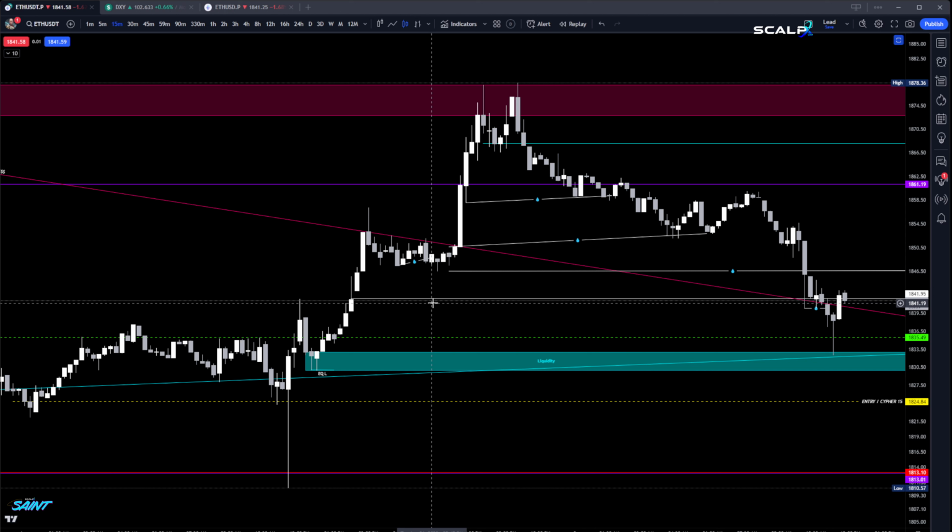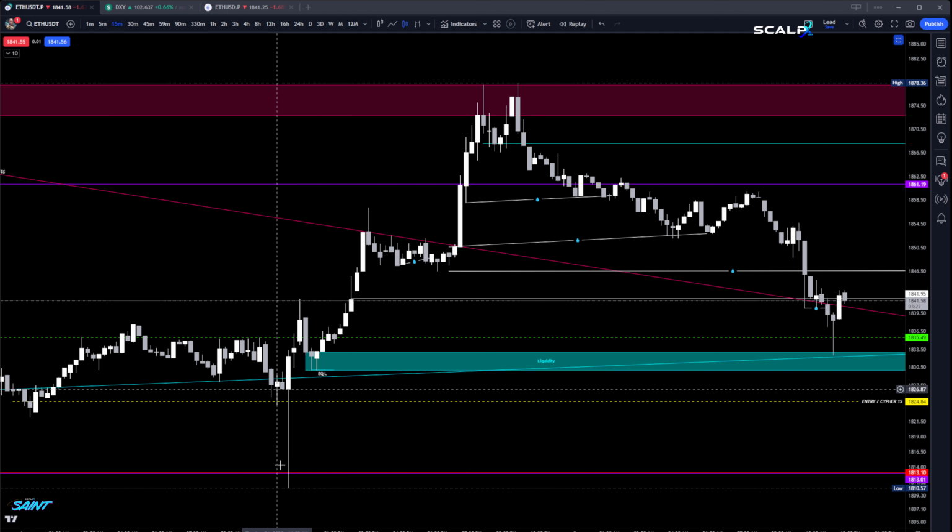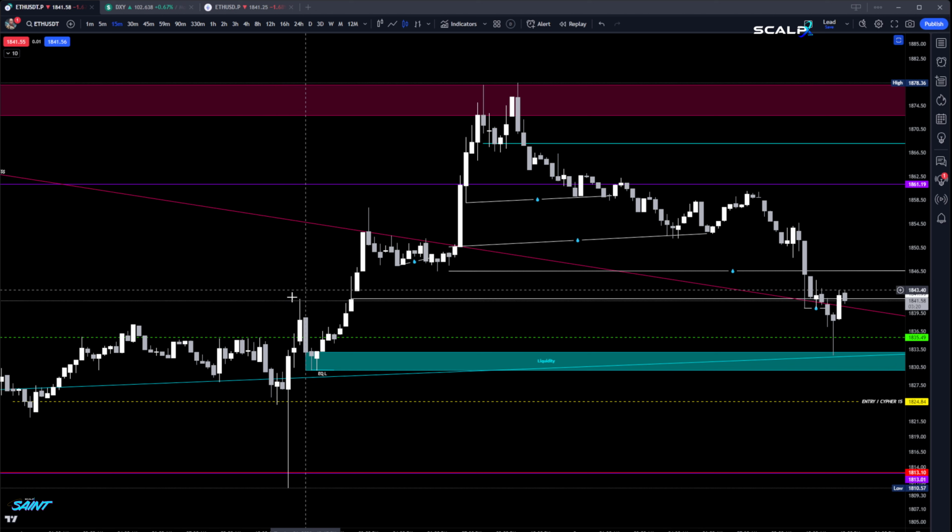That's not going to be retail. That's going to be your institutional big banks, people with a ton of money. Hear me out: their goal is not to make profit per se. Their job is to collect orders. So someone seeing this, we had a big spike down, we came here, then we had a rejection around here.